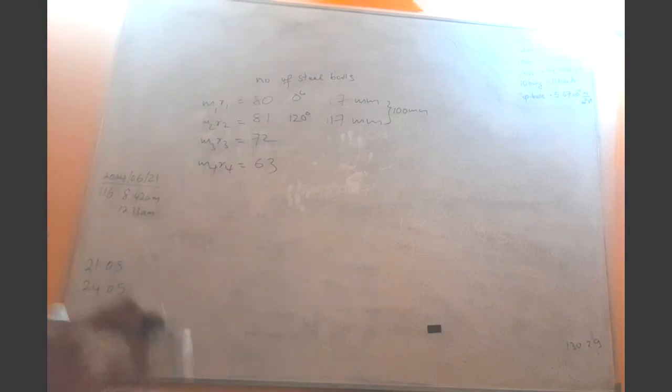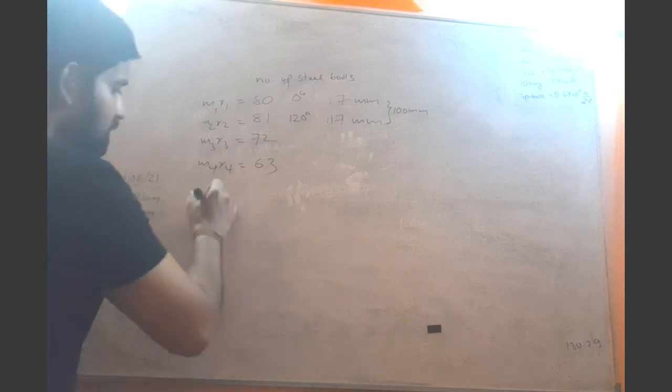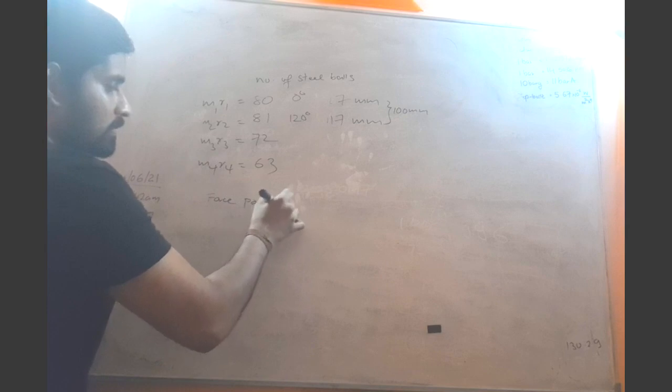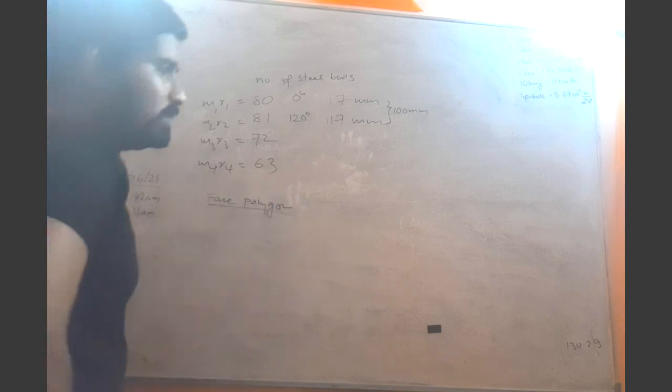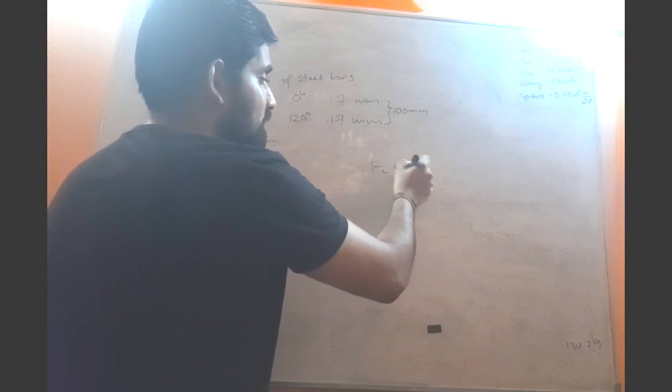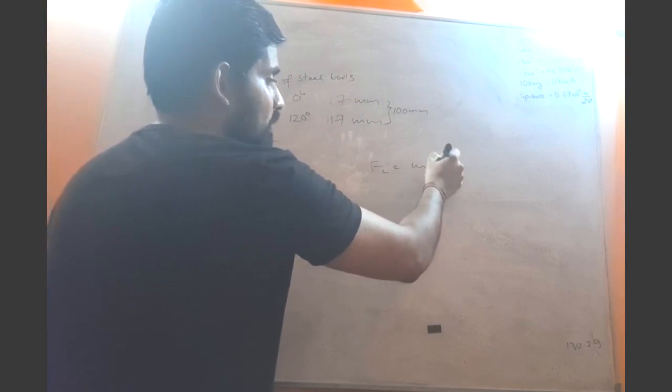So now let's see how to sketch the force and coupled polygons. First we can sketch the force polygon, because now you know what this force is. This force is the centrifugal force, given by m omega squared r.